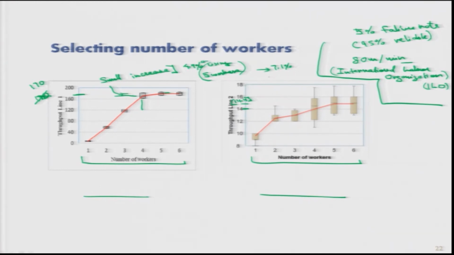So, this increase was small. So, with 4 workers for the 2 lines combined, further experiments were conducted. The number of workers was fixed to be 4.